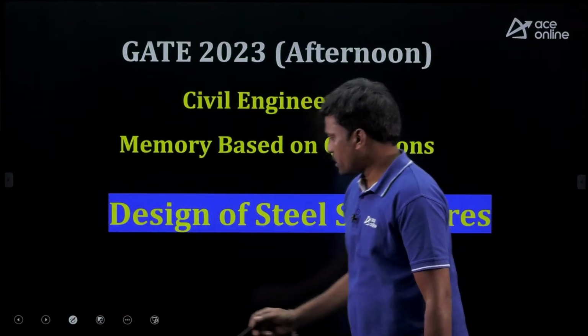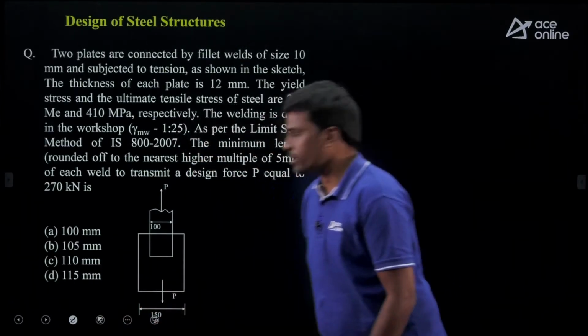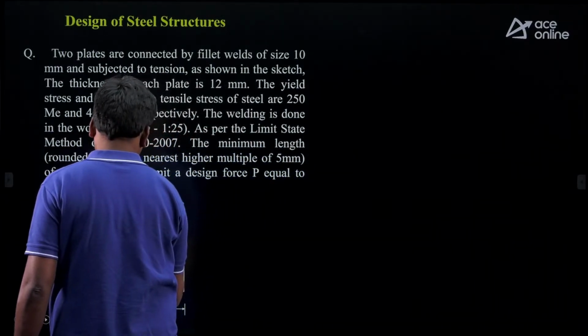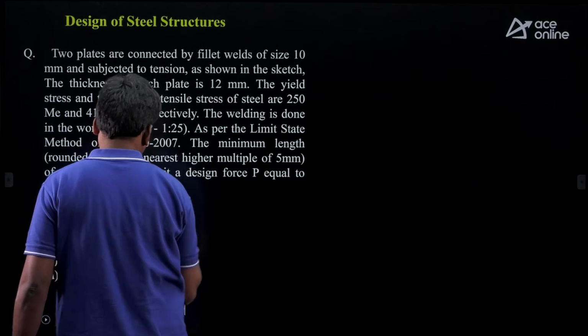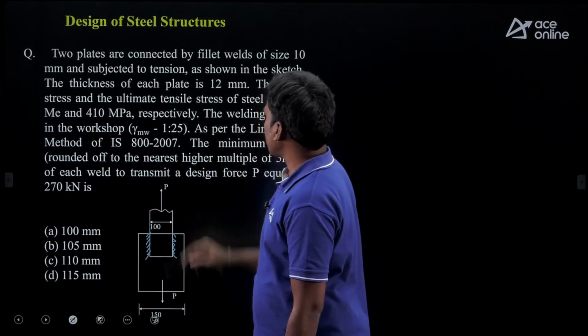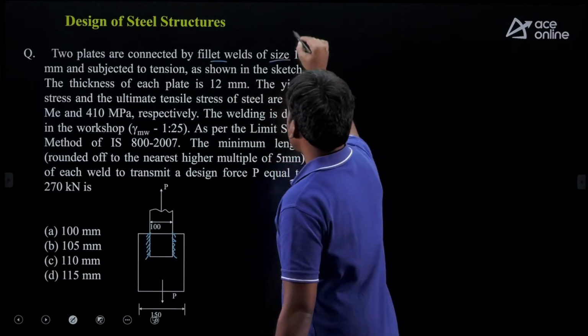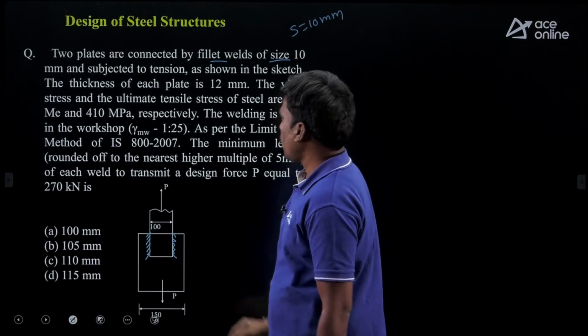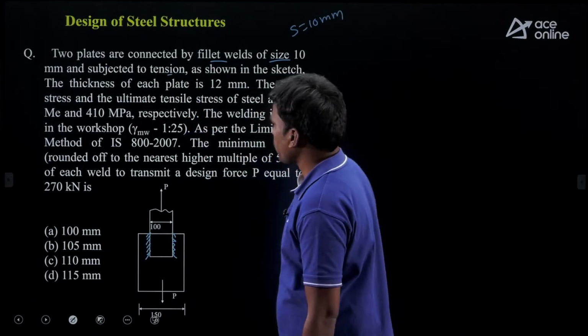Next we'll see the design of steel structure, only one question. Here, two plates are connected by fillet weld. Size of fillet weld is given as 10 mm and subjected to tension.